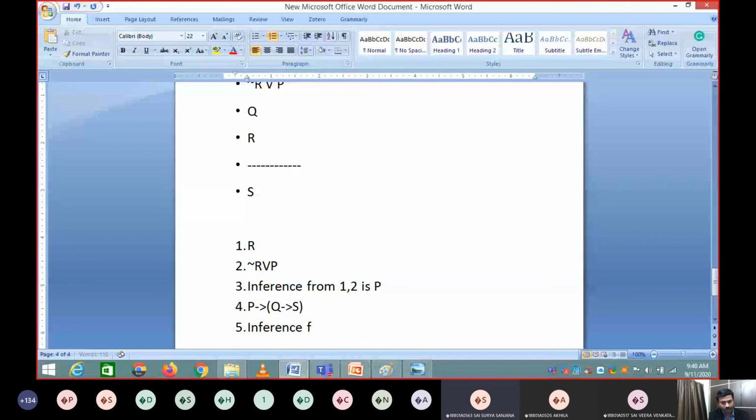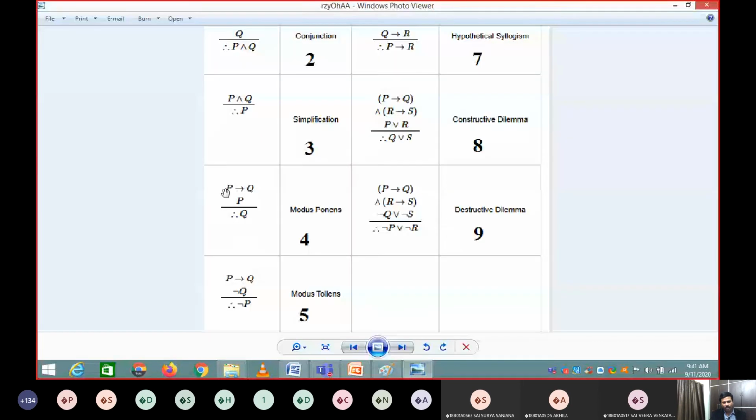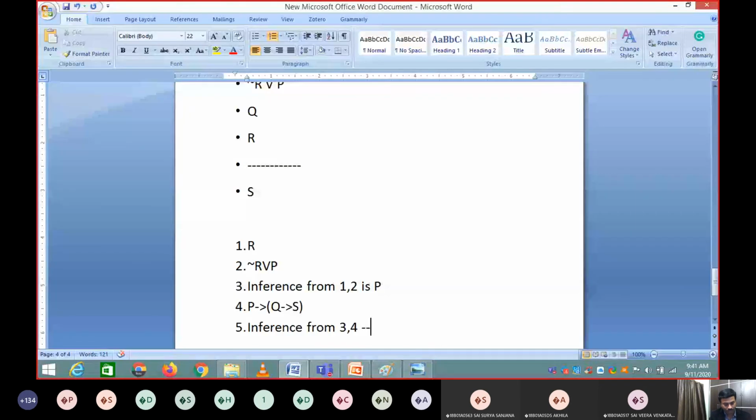Yes, 3 comma 4. This rule is modus ponens, like you have P implies Q and P was there, you can get Q. The same rule, rule number 4. We can get Q.